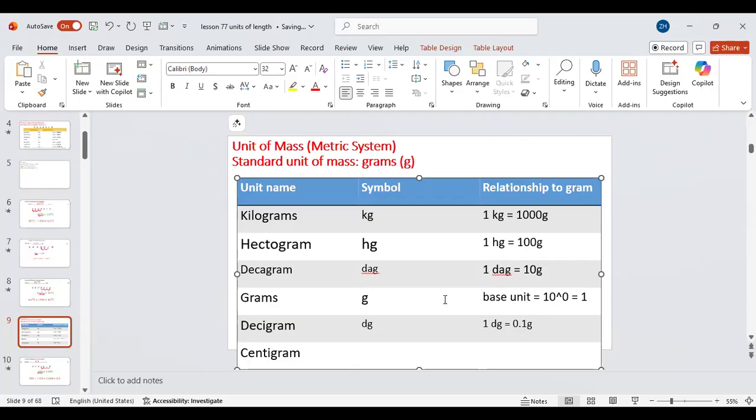It's not like the middle one. Remember the meter was the one whereby we show the relationship with all of the other ones. So when we raise it to the power of 0, obviously we get 1, and that's the unit we use to show the relationship with all the other units. Hopefully that helps at least a bit.